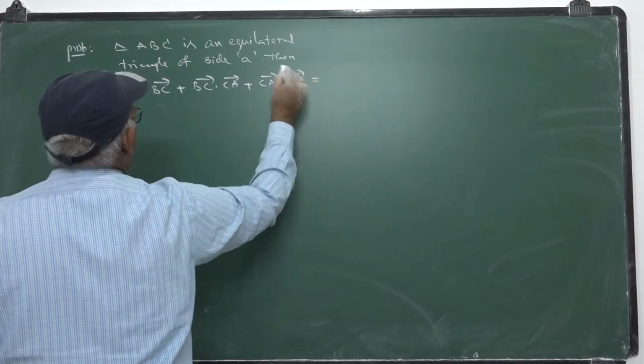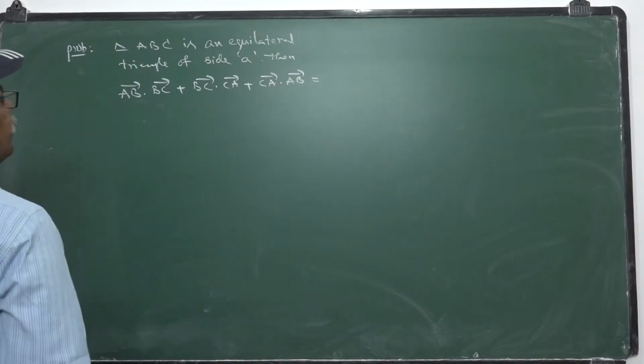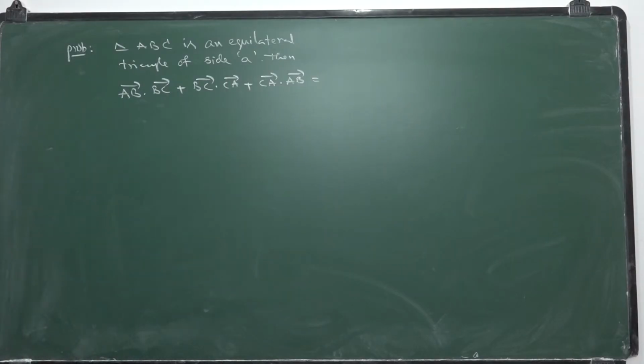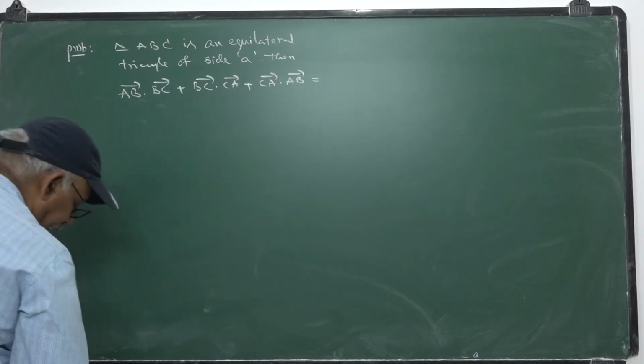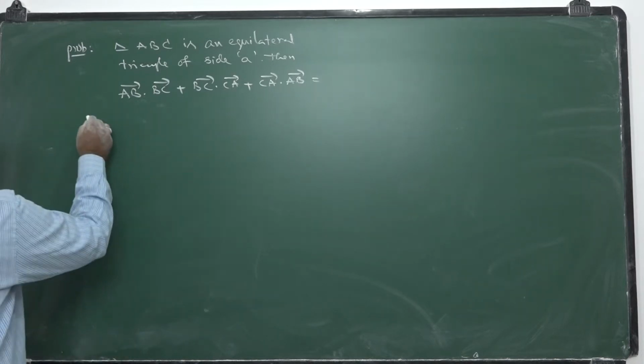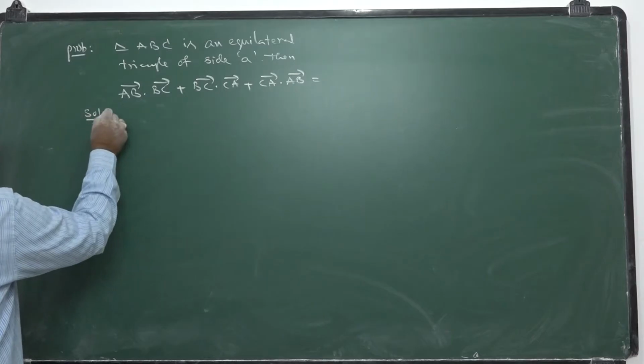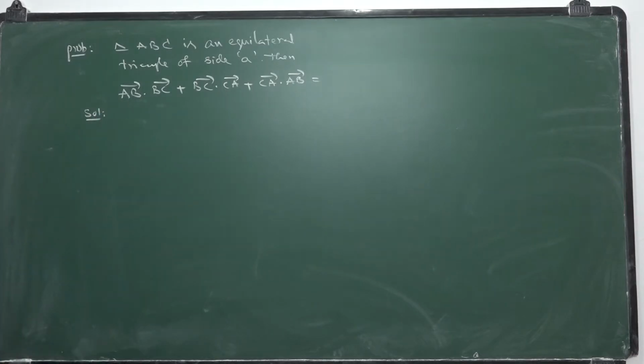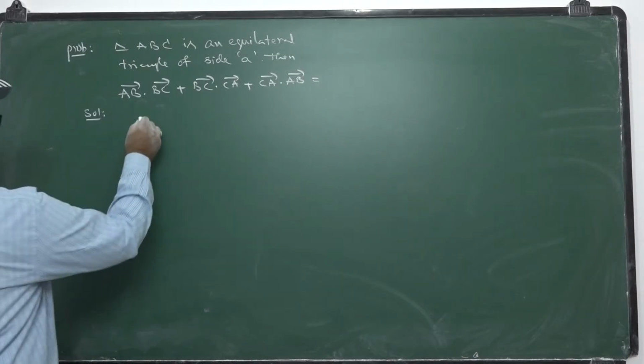AB bar dot BC bar and so on is the sum of the dot products of the vectors along the sides of the triangle taken pairwise.